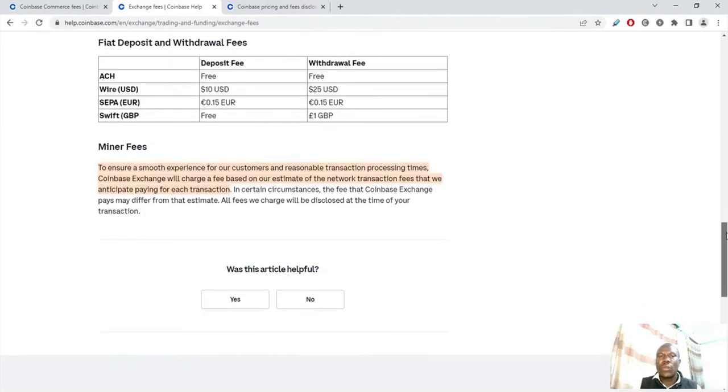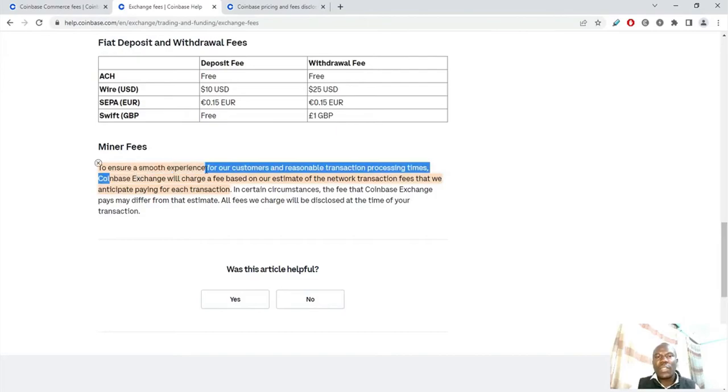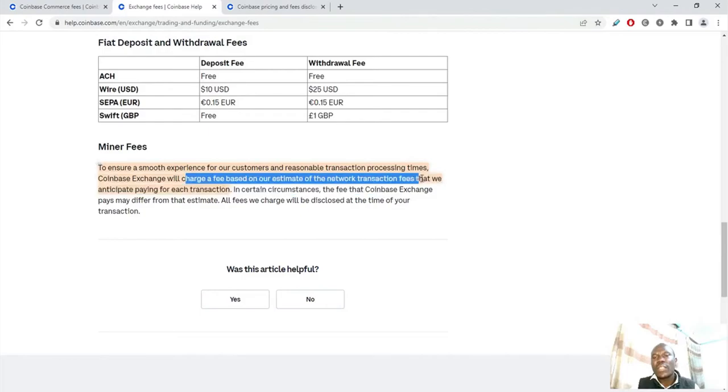So the miner fee. What you should know is that whenever there is a crypto transaction, there is always a miner fee. To ensure a smooth experience for our customers and reasonable transaction processing times, Coinbase Exchange will charge a fee based on the estimate of the network transaction fee that it anticipates for each transaction.